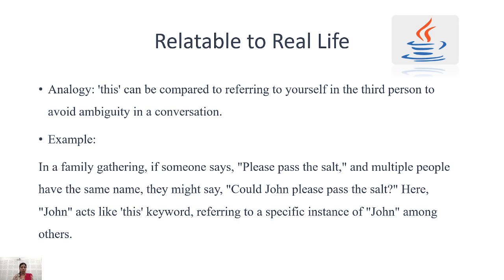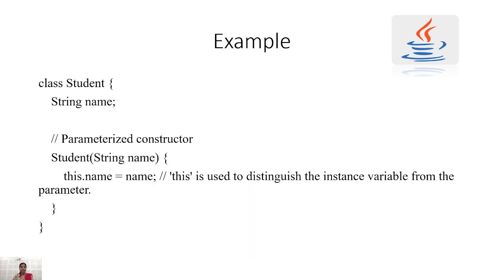Now let's see the code snippet. In the class Student, we have a student name as a string and a parameterized constructor Student with name. Suppose outside the class I call this Student constructor and pass the name. How will the compiler know which name you are denoting?